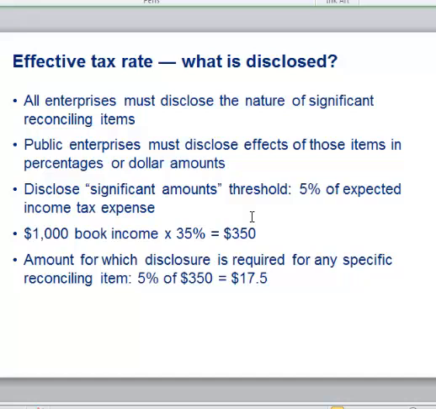All right, so rate reconciliations. Sometimes when you look at rate reconciliations, you see long rate recs, like there are a lot of items in them, and sometimes you see really short ones. Remember, Disney's was pretty short. It only had about 4 items.